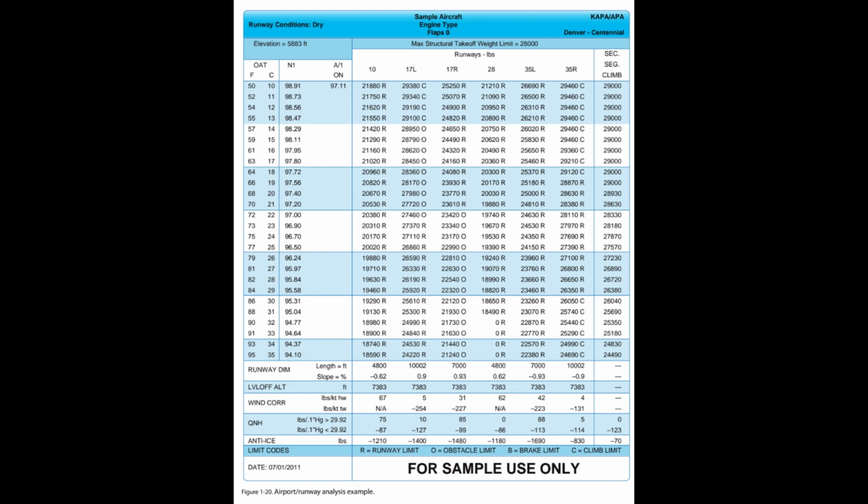Figure 1.20. Airport/runway analysis involves the complex, usually computerized, computations of aircraft performance, using extensive airport/obstacle databases and terrain information. This yields maximum allowable takeoff and landing weights for particular aircraft/engine configurations for a specific airport, runway, and range of temperatures.